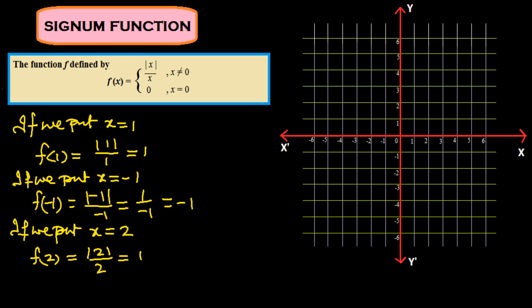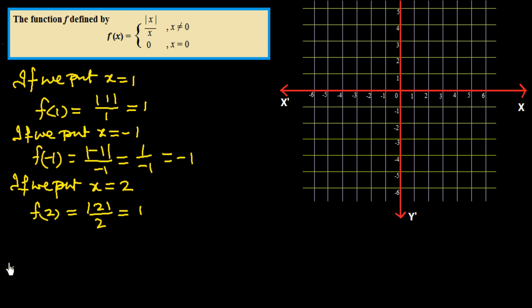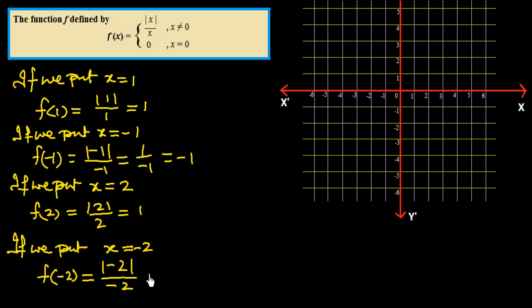Now finally if we put x is equal to minus 2, then we see what happens. f of minus 2 is equal to mod of minus 2 over minus 2.